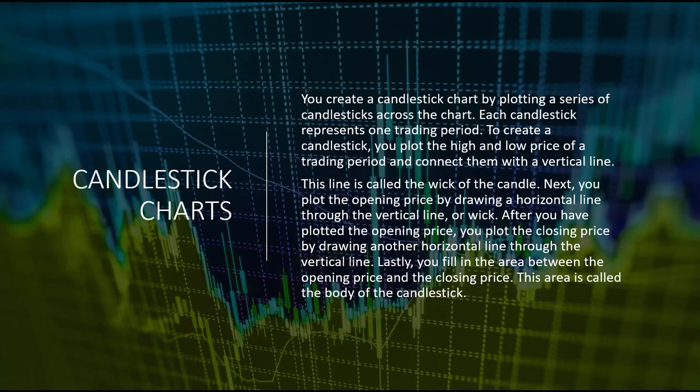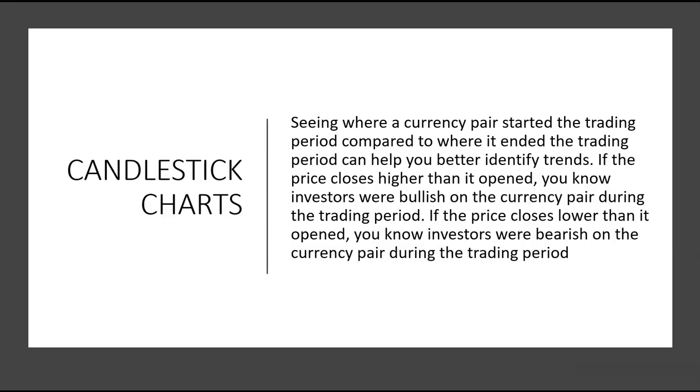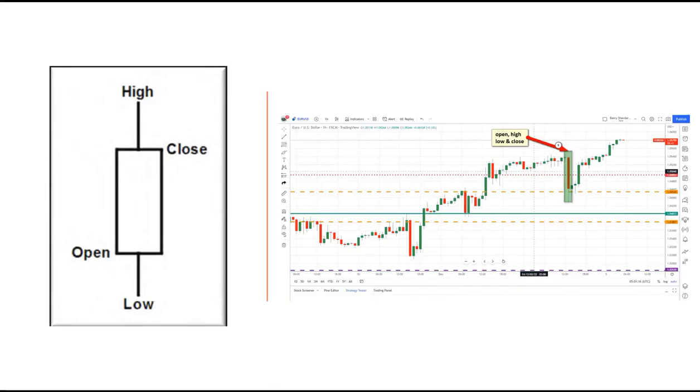You create a candlestick chart by plotting a series of candlesticks across the chart. Just like the bar chart, this is the same exact chart that we saw, and I just flipped the button and changed it to candlesticks. And we chart the open, the high, the low, and the close. But instead of just drawing a line, we make a body between the open and the close, and then these are called wicks to give us the high and the low.